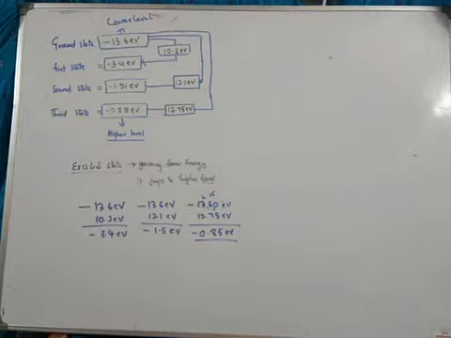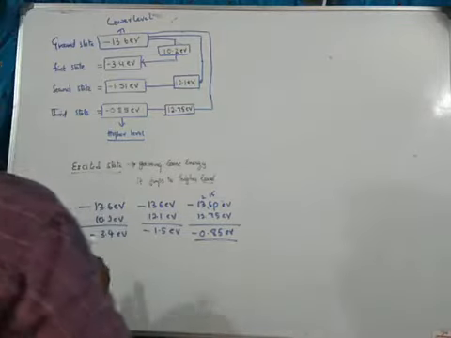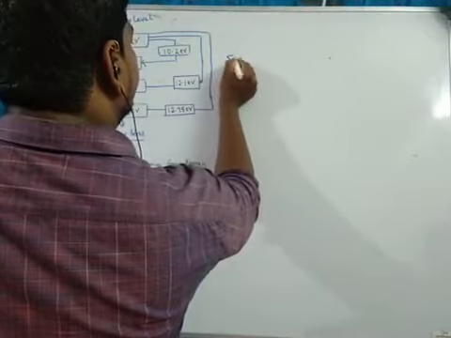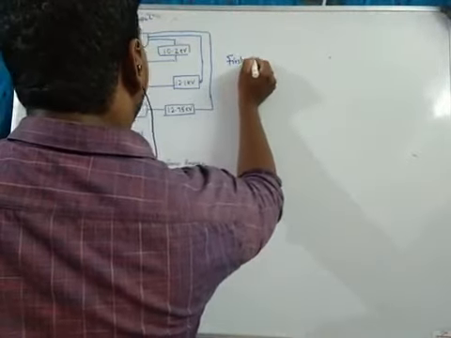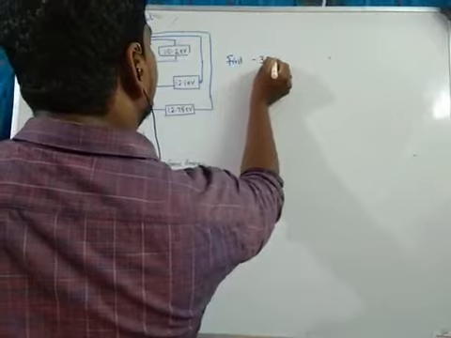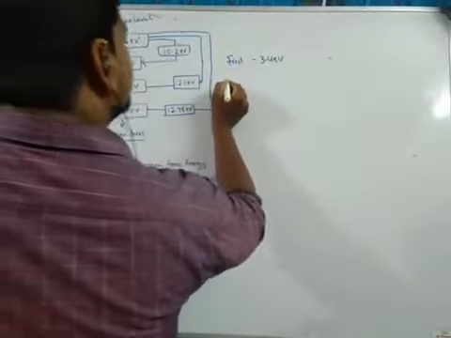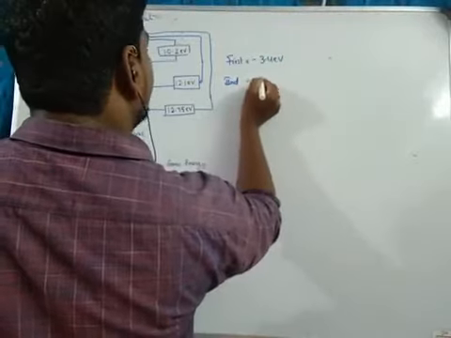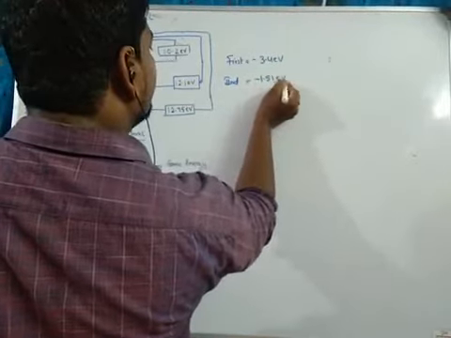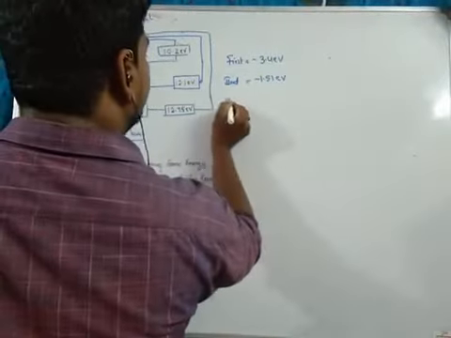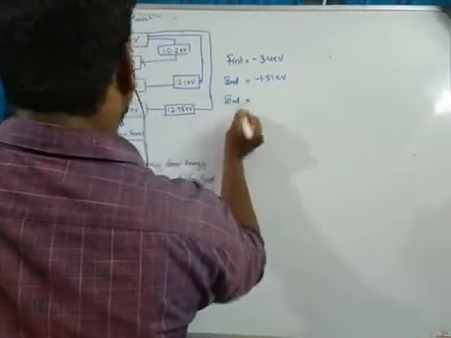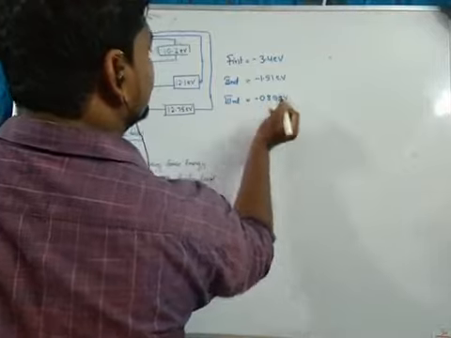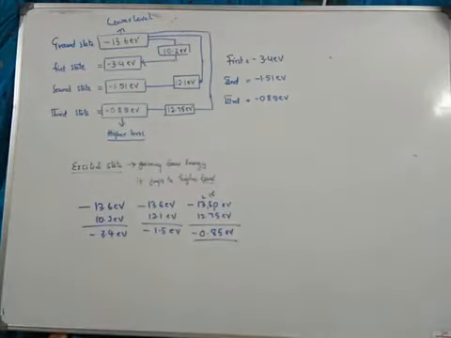Similarly, the same concept. The first state value is minus 3.4 electron volts, the second state is minus 1.51 electron volts, and the third state is minus 0.85 electron volts.